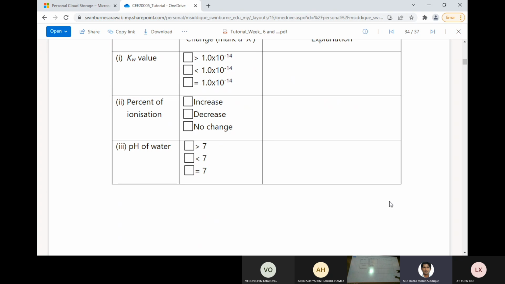Although it has more hydrogen ions in the solution, water is still neutral because it still has the same amount of hydrogen and hydroxyl ions, right?